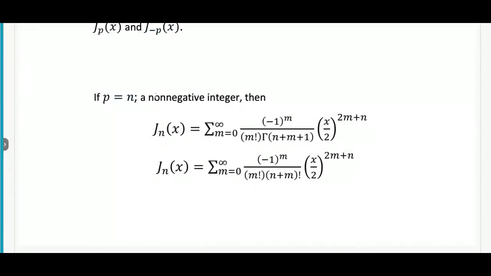So if p equals n, a non-negative integer, then we use the n. n usually represents a natural number, a counting number. So this is the first kind of nth order of Bessel's. We just change p to be n, so we have n plus m plus 1, and this is 2m plus n. And if n is a natural number, we know this is n plus m factorial for gamma of n plus m plus 1.